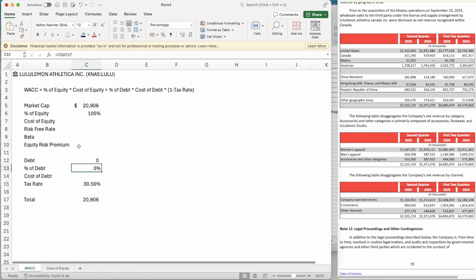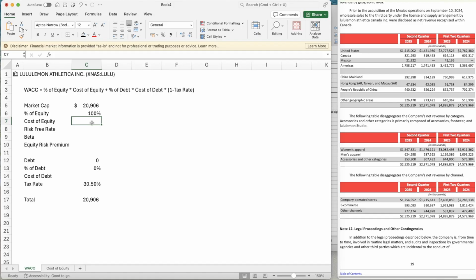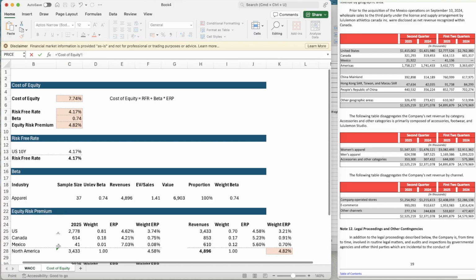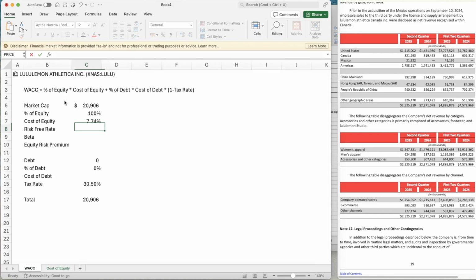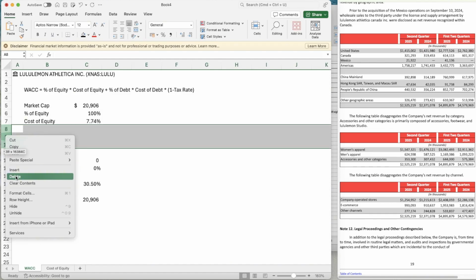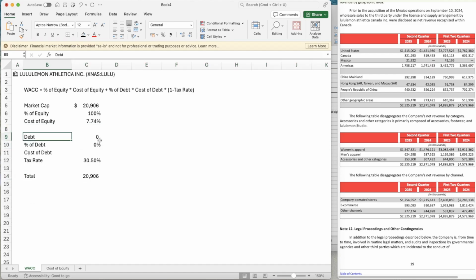Now we come back to our WACC, and we can put this equal to this. And because we've done all of that, let's get rid of the... there we go. Debt, cost of debt 0. So the WACC is going to equal, as we said, the cost of equity.